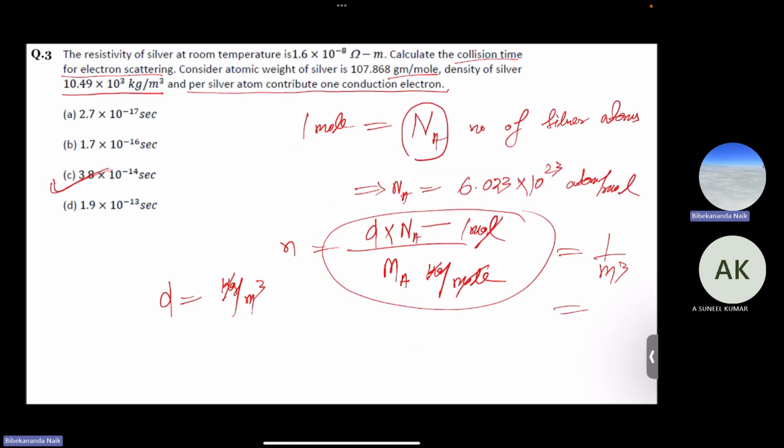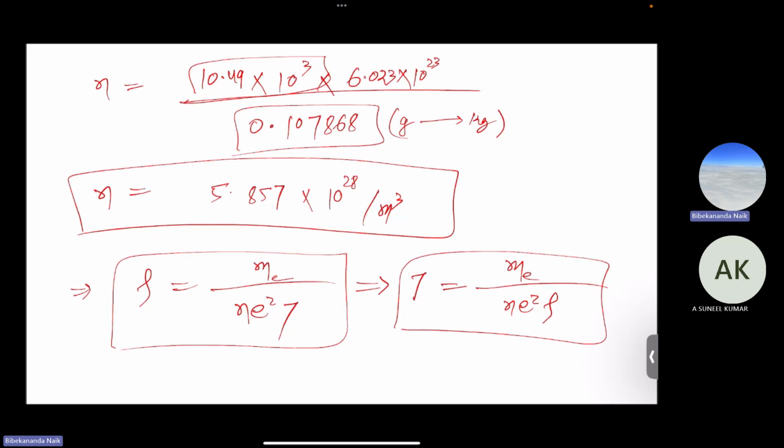So first we need to calculate. This is the formula. In order to calculate the value of tau, we need the mass of electron, the number density, charge of electron, and resistivity. Resistivity is given to us. e we know. Mass of electron is again known. But we need to find the number density of electrons in a particular metal. In order to find that, we need the number density of atoms.